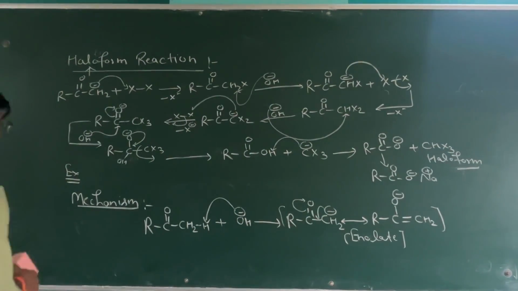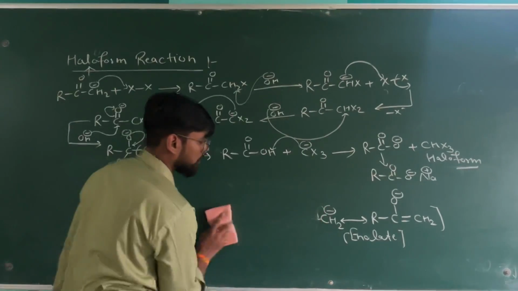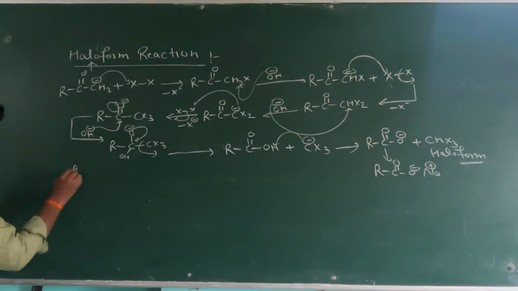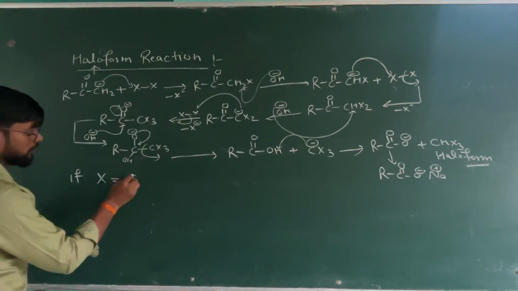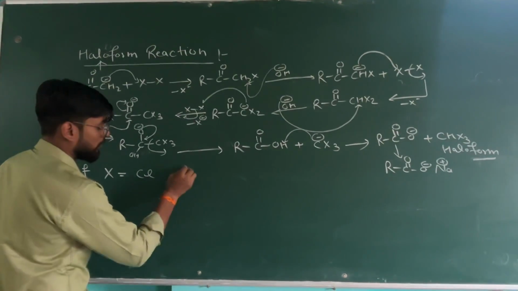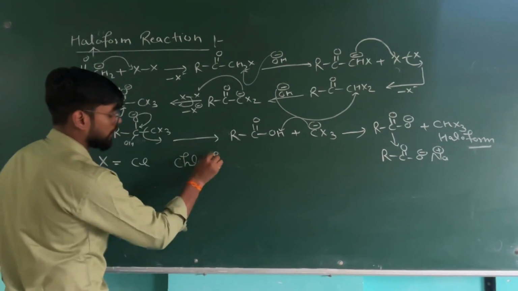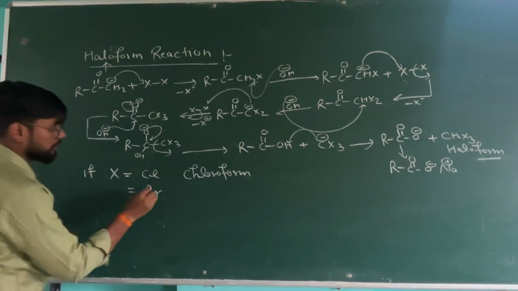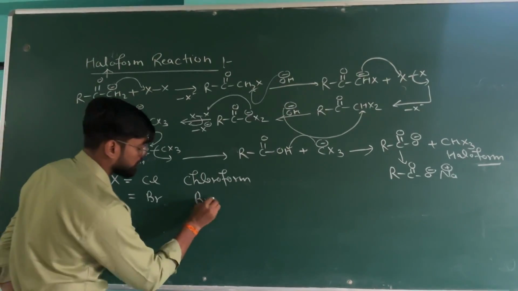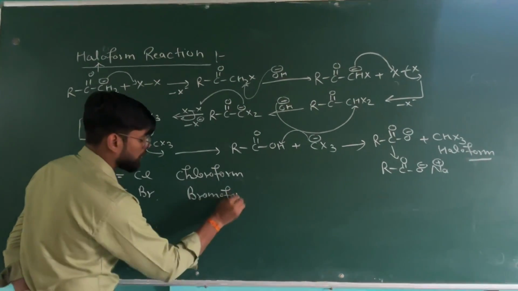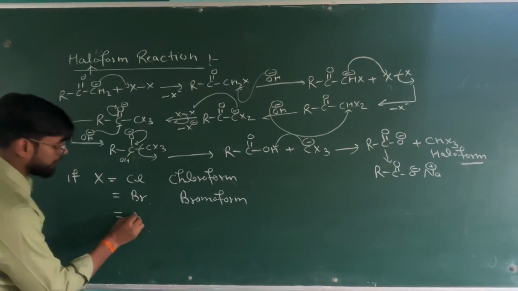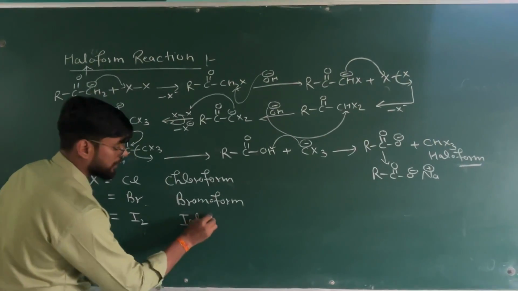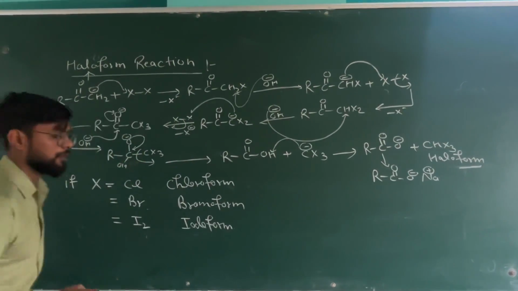Now if X is equal to Cl, this is the chloroform reaction. If X is equal to Br, this is the bromoform reaction. And if X is equal to I2, this is called the iodoform reaction.